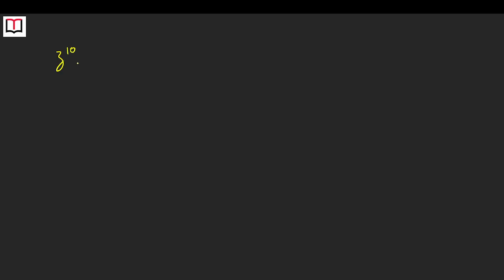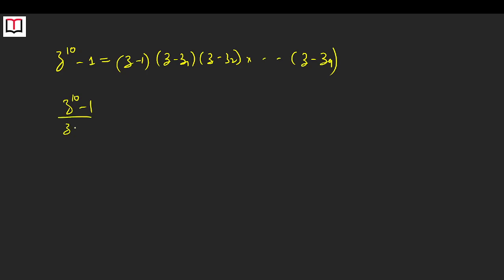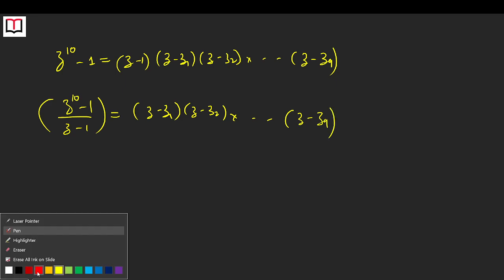So z to the power 10 minus 1 has roots like z minus 1 into z minus z1 into z minus z2, and the same thing we had been using again and again, bachcho. Okay, so z to the power 10 minus 1 upon z minus 1 is equal to z minus z1 into z minus z2 and so on, z minus z9, taking modulus both the sides.